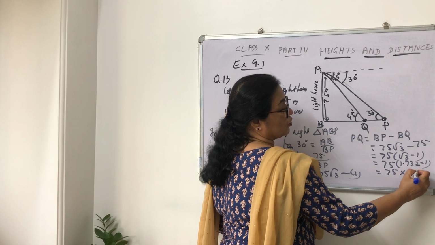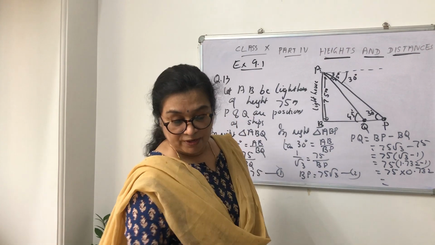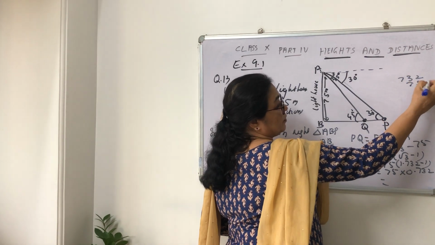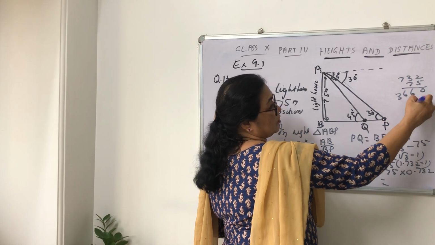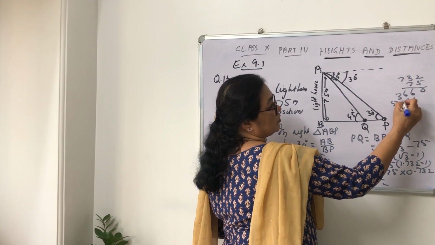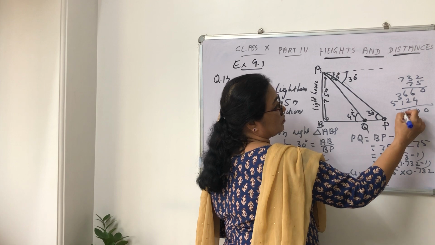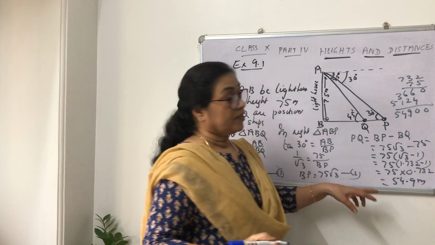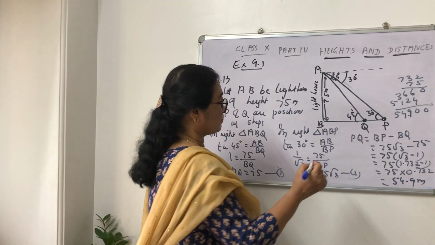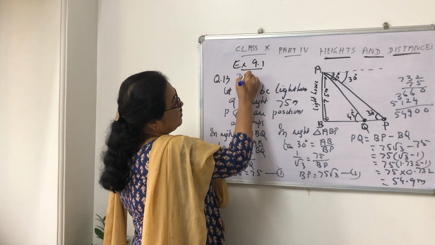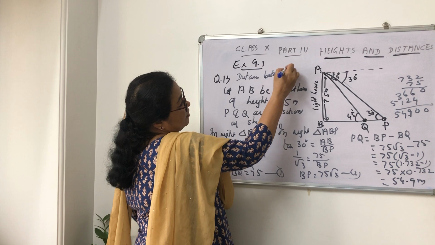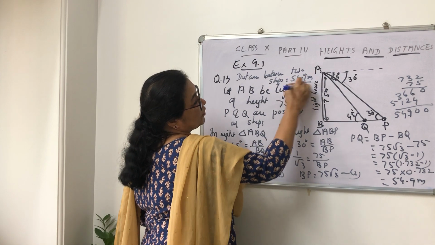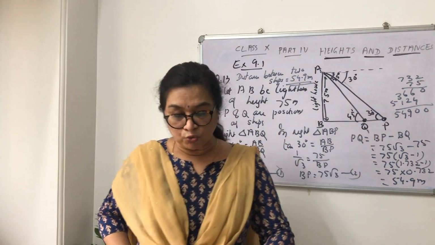That is 75 into 0.732, which is 54.9. So therefore the distance between the two ships is 54.9 meter. This is the distance between the two ships.